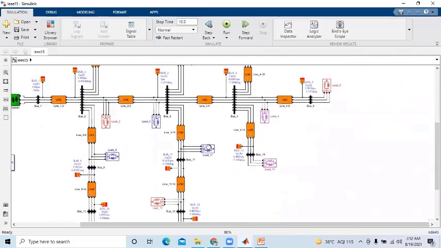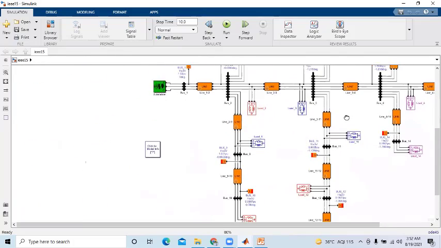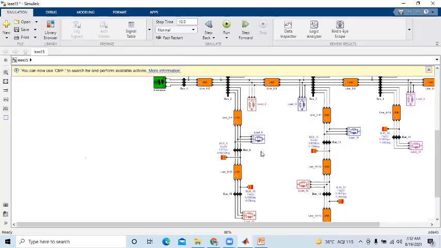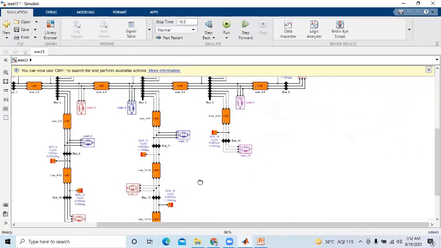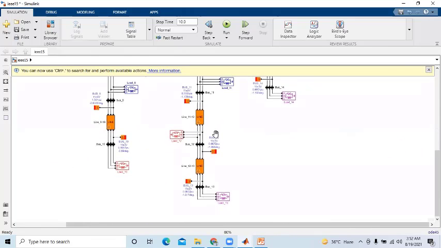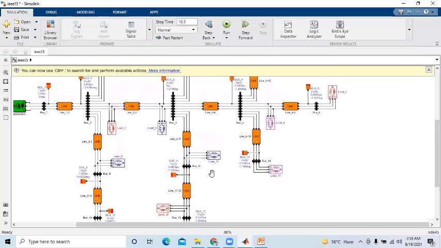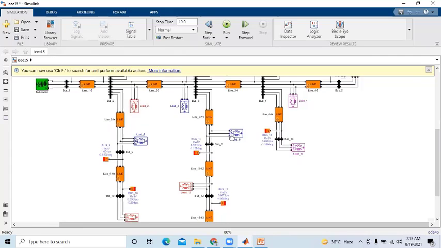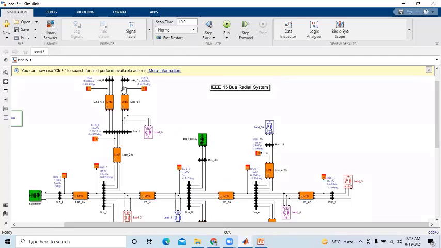So similarly, for the load flow, this is a 15 bus system which has been created. Now this is bus number 13, bus number 12. This is bus number 11. Then you have bus number 10 and 9. Then you have bus number 8 and 7 over here.